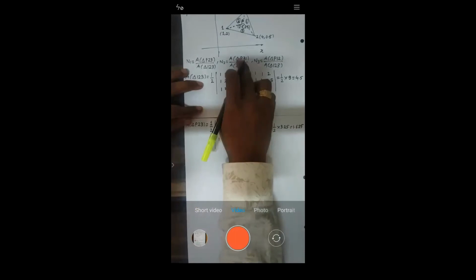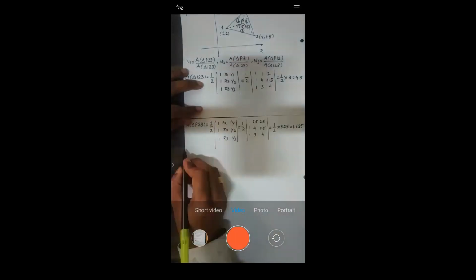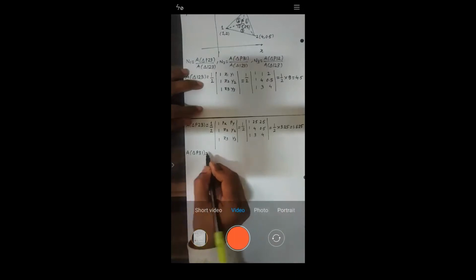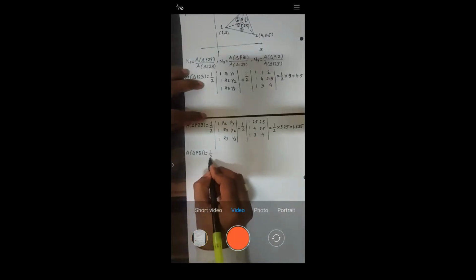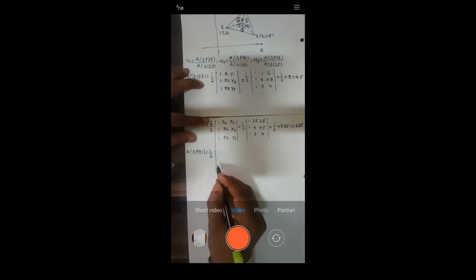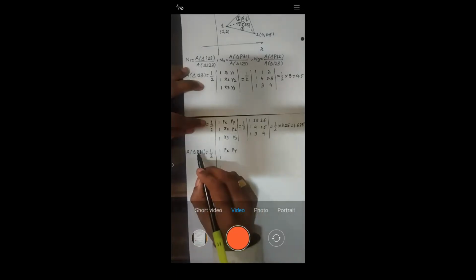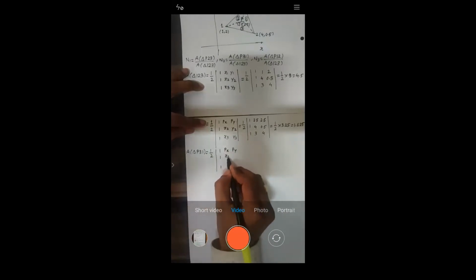So let's go to this one. Area of triangle P31. How to calculate? Half, right? This is half. Then obviously 1, 1, 1. Here you have Px and Py. Okay. X coordinate of P and Y coordinate of P. Then you require coordinates of node 3, that is x3, y3.